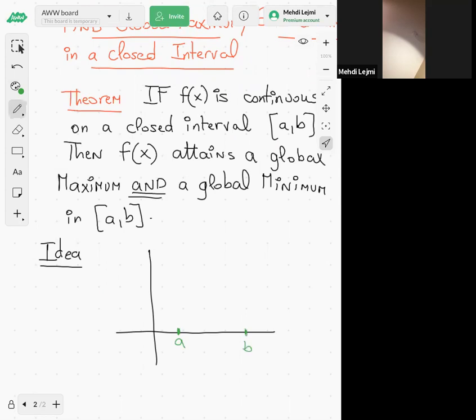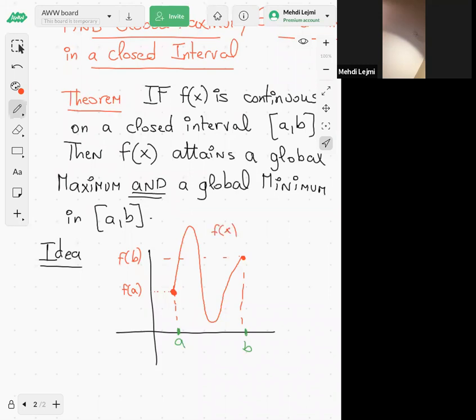Let's say this is f of A, and this is f of B. Then you want to connect these 2 points, A and B. Let's say we're gonna have something like this here. So this is a continuous function on the closed interval AB. So this is your f of x.